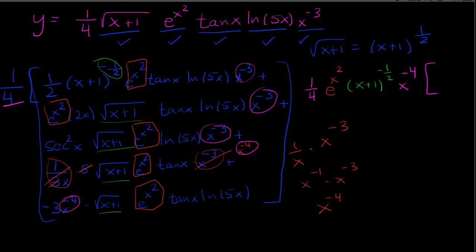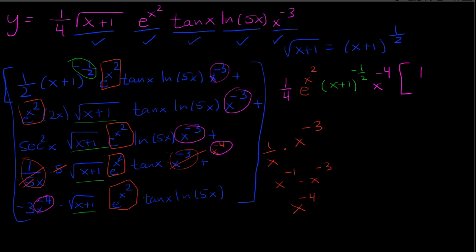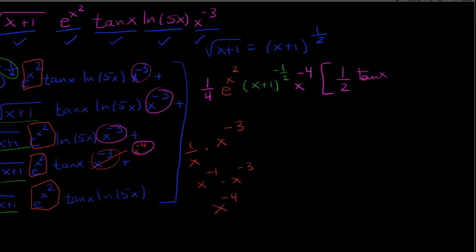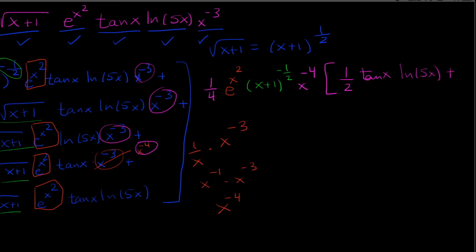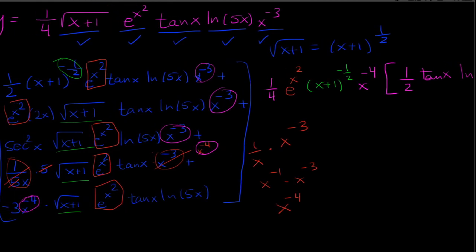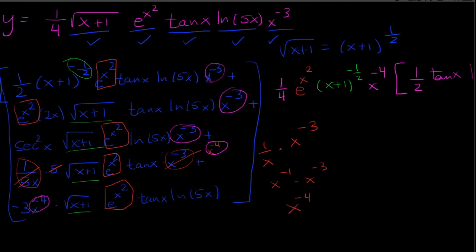Okay, so the first one we have 1/2, then times tangent of x, natural log 5x. And I'm just going to write it vertically, just to make it easier. Actually, this one I kind of goofed up a little. So we have x to the negative third. That should be x to the negative second.